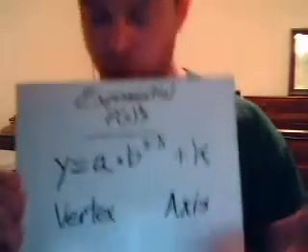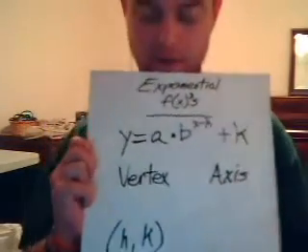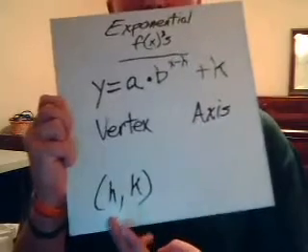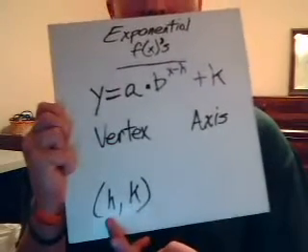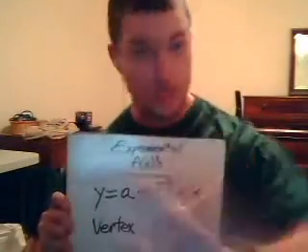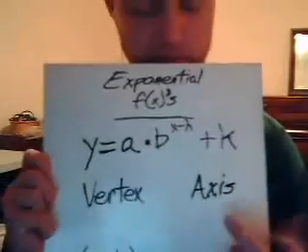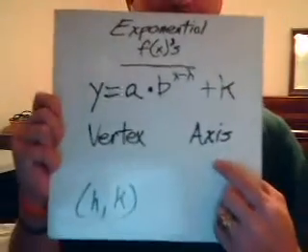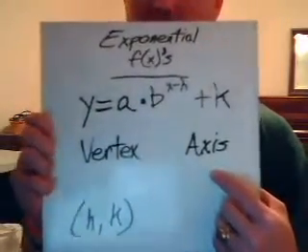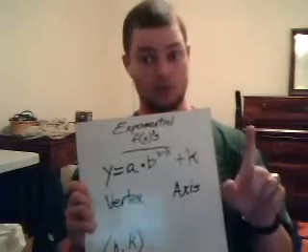The first two things you normally see are some kind of a vertex or a starting point that can be found using the two values h and k, where h is going to give you the x value and k is going to give you the y value, so you can find a point and then move on from there. Now, the other thing that you're going to have is going to be some kind of an axis, be it either an axis of symmetry or a slope or something that kind of lets you know how to line things up on this graph. We got a similar one, but it's a little different.